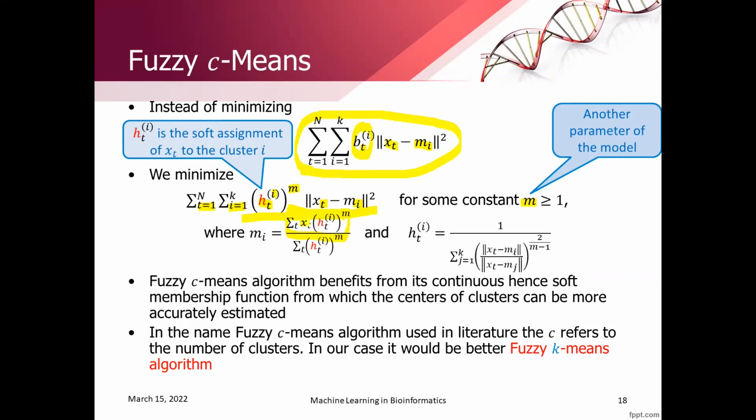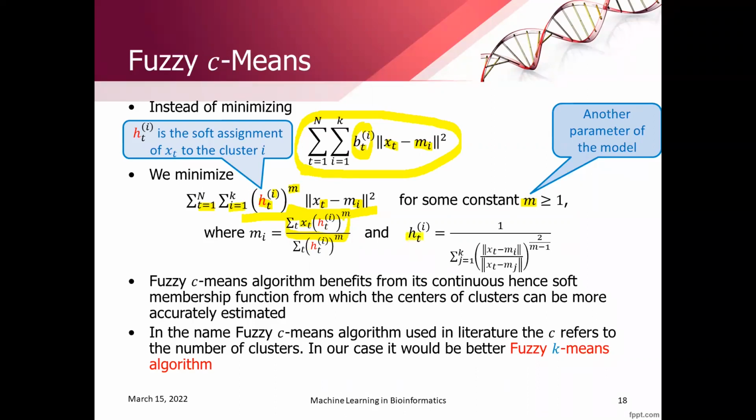For each observation x_t we give its weight, and in the formula it is the weight from the vector h to the m-th power. So also here we use the m-th power to give emphasis according to the parameter m.